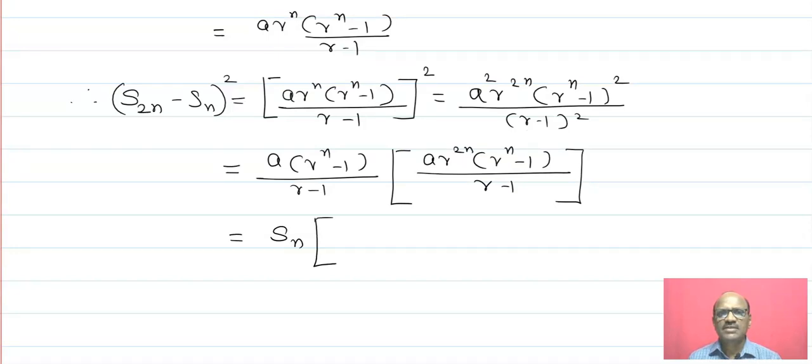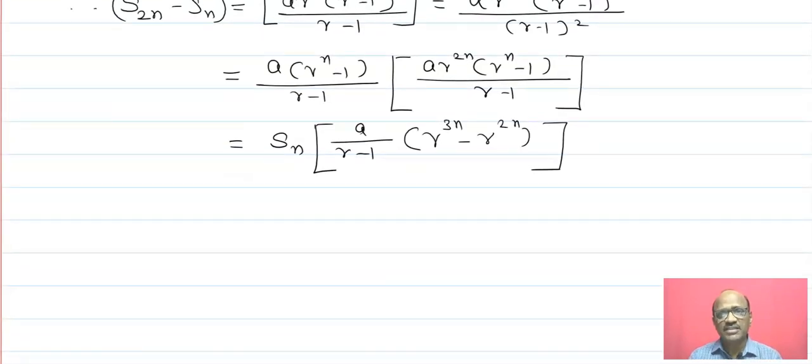and this is nothing but the Sn, and the value of A upon r minus 1. Now see, this is also interesting how it is written. A upon r minus 1, r raised to 2n is multiplied in the bracket r raised to n minus 1. Therefore, it becomes r raised to 3n minus r raised to 2n.